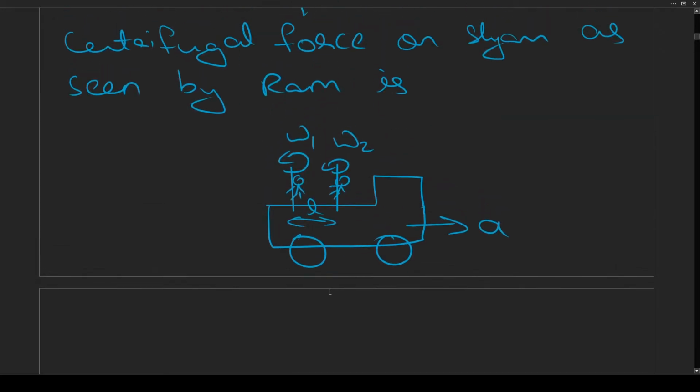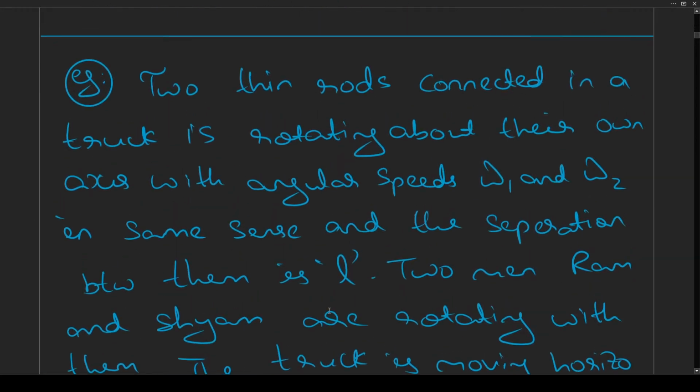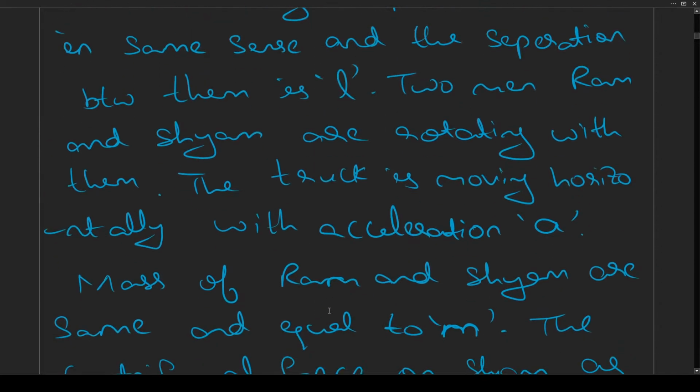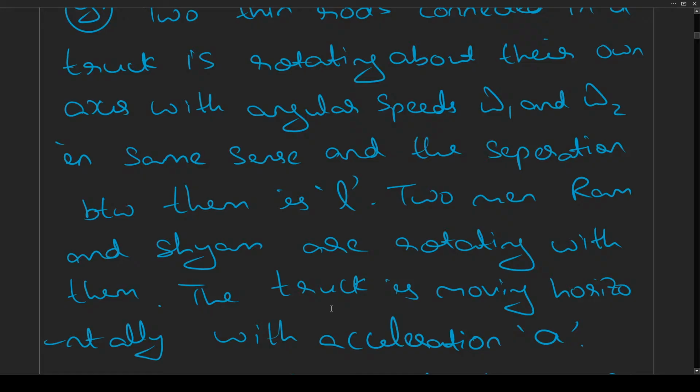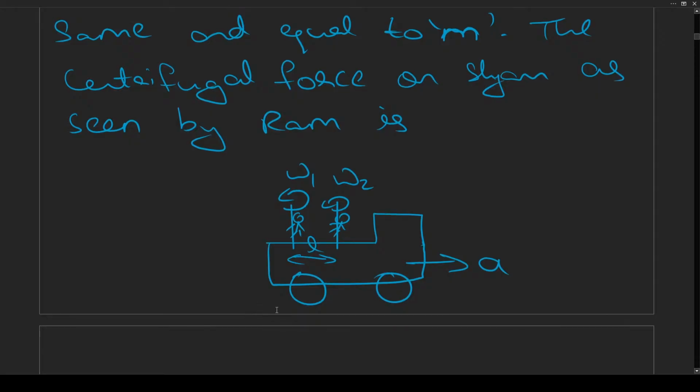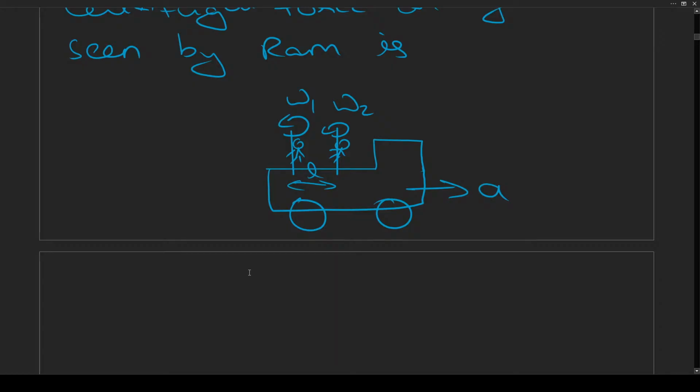Now I'm reading the question again. There are two thin rods connected in a truck and rotated about their own axis with angular speed omega 1 and omega 2 in same sense, and a separation between them is L. Basically they're saying rods are rotating, the people are also rotating in same direction, and the separation between the two rods is L. There are two men, Ram and Sham, rotating with them, and the truck is moving horizontally with an acceleration of A. Mass of Ram and Sham are same.